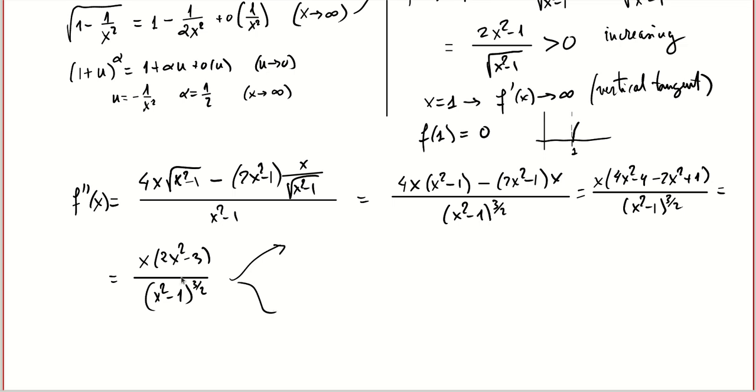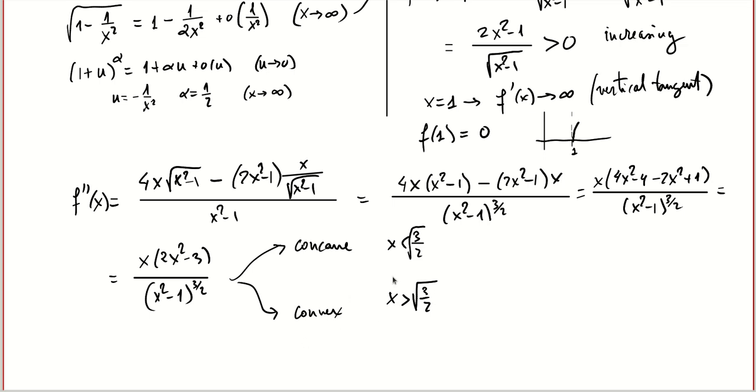Well, the sign is negative if this is negative, which means when x squared is smaller than 3 halves, which means x is smaller than the square root of 3 halves, then this is negative, which means that the function is concave. And if x is larger than square root of 3 halves, then the sign is positive and the function is convex.